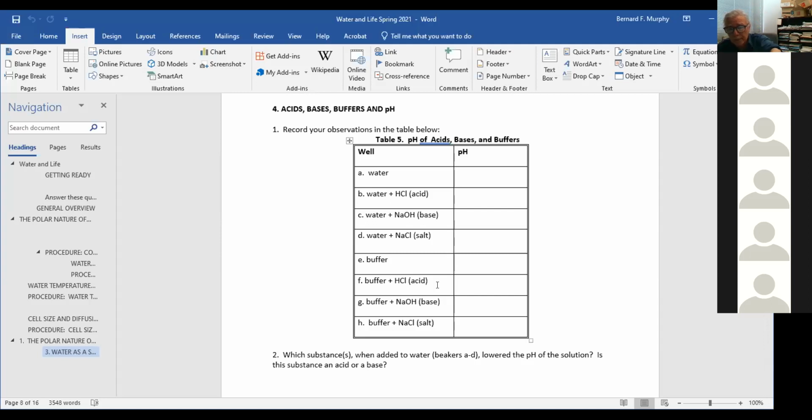Not nearly as much as B. And same thing with G. You add a base, sodium hydroxide, to the buffer. Goes up a little. And finally with H, buffer and sodium chloride. What happens to the pH? Nothing again.